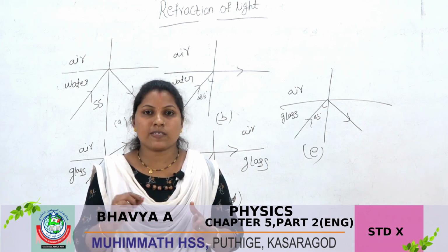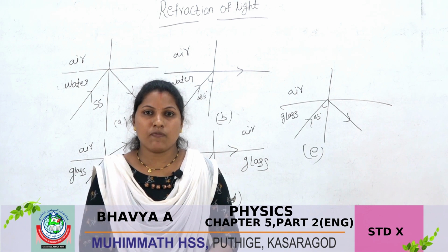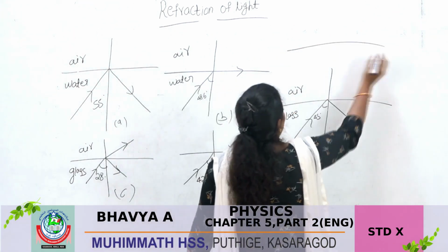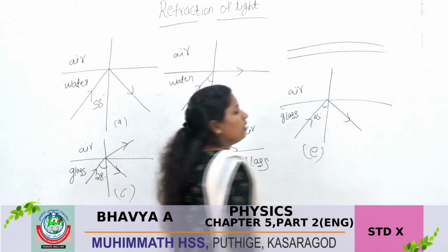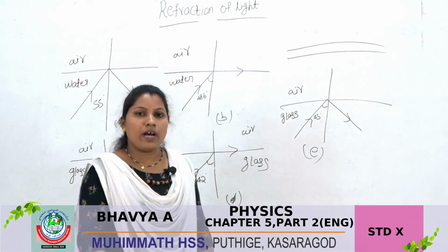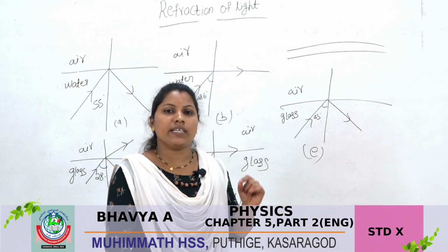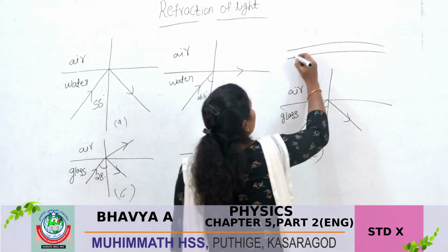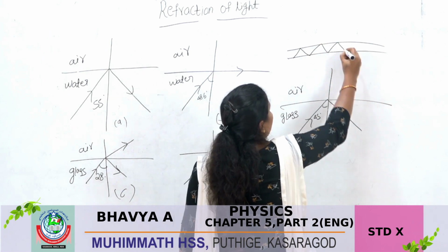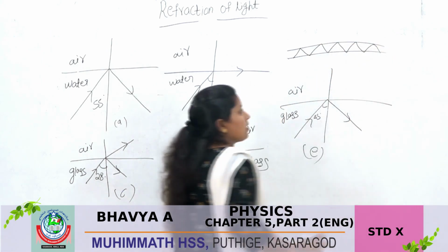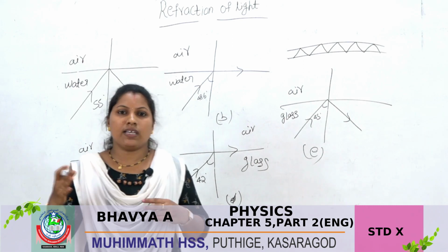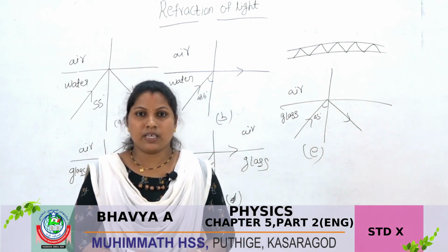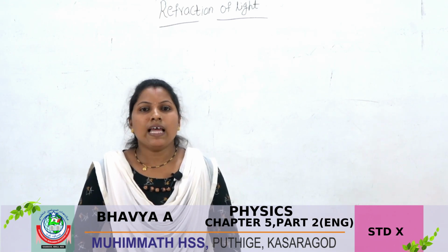That takes place by total internal reflection. See here, in telecommunication we are using optical fiber cable, and total internal reflection takes place there. Like that, total internal reflection takes place in different areas, sending different frequencies.